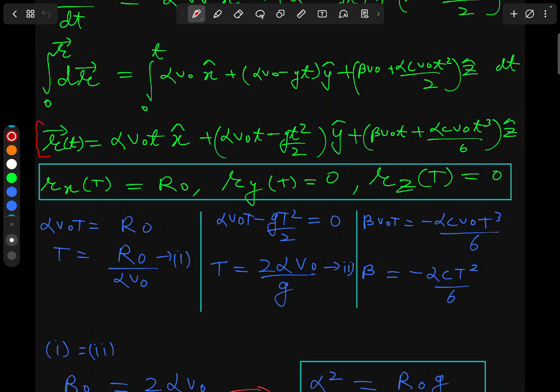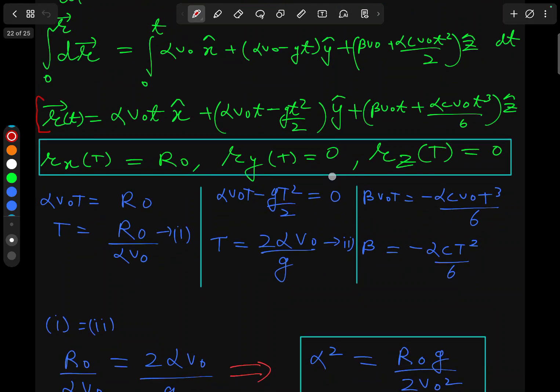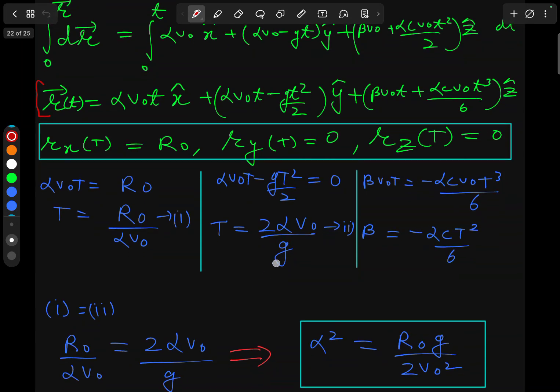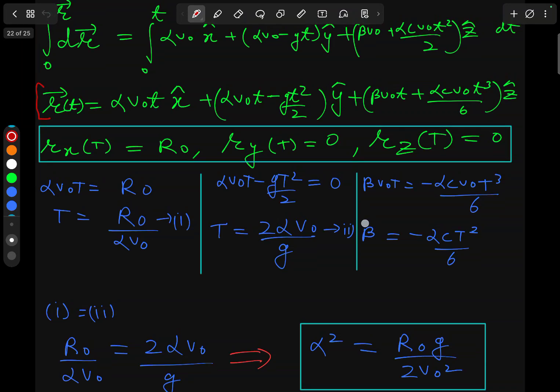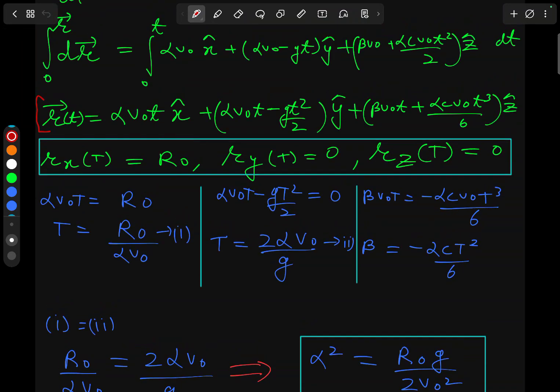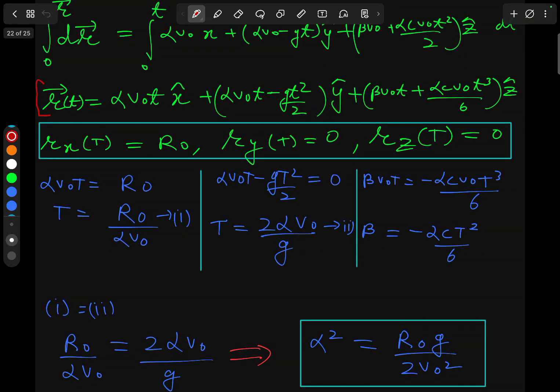Obviously that means the x coordinate at time capital T is r0, and the moment I put that into my position vector as a function of time, alpha times v naught times T is my r0, so capital T is r0 by alpha times v naught, and my y coordinate at that time is 0, and so is my z coordinate, right? And the moment I use that for my y coordinate, capital T is equal to 2 times alpha times v naught divided by g, right?